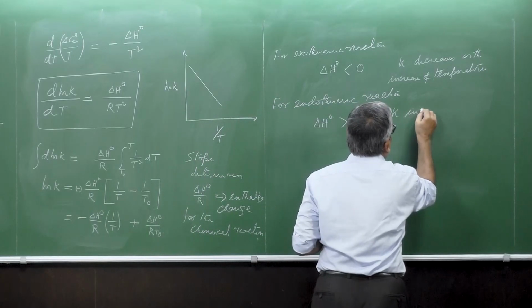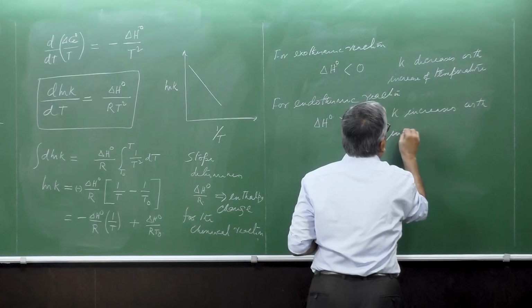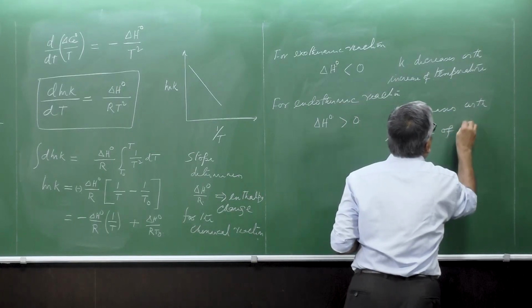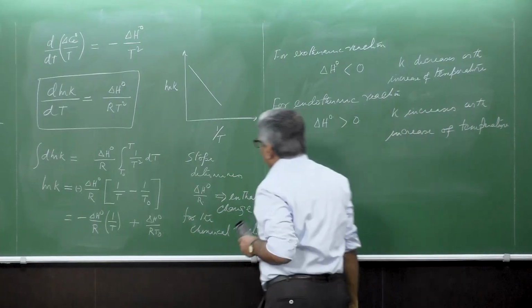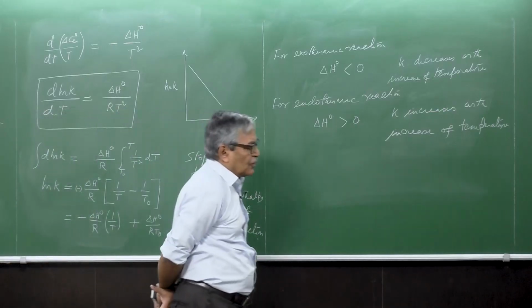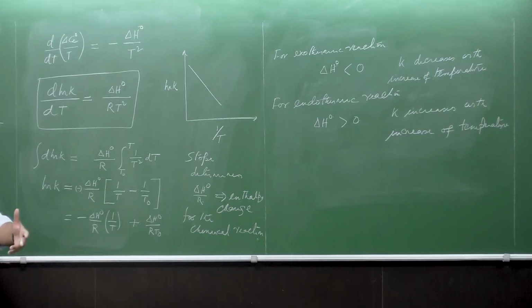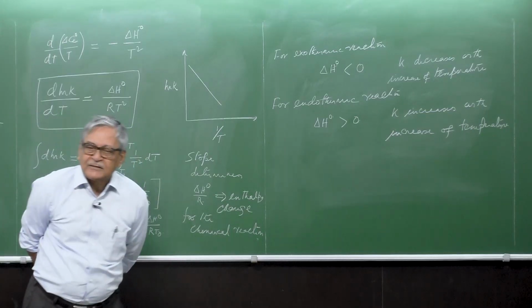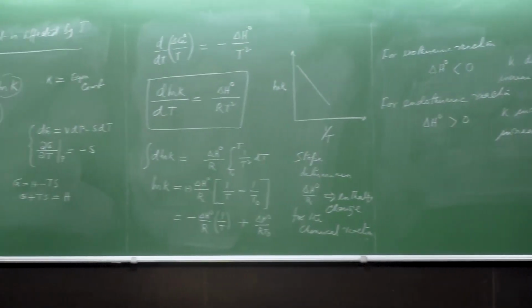K increases with increase of temperature. This is again a conclusion that we derive qualitatively from Le Chatelier's principle, which says that if you change any of the parameters of the system at equilibrium, the system will move in a direction that nullifies that particular effect.